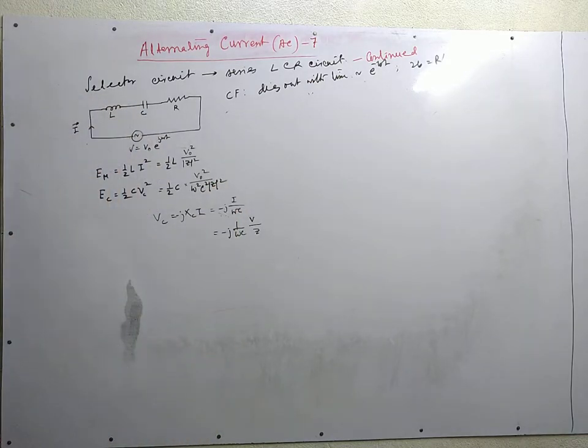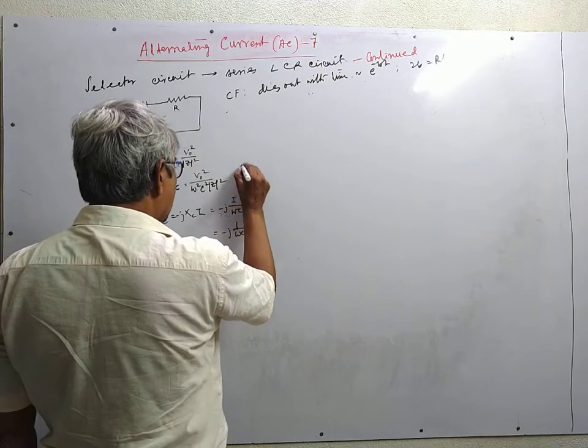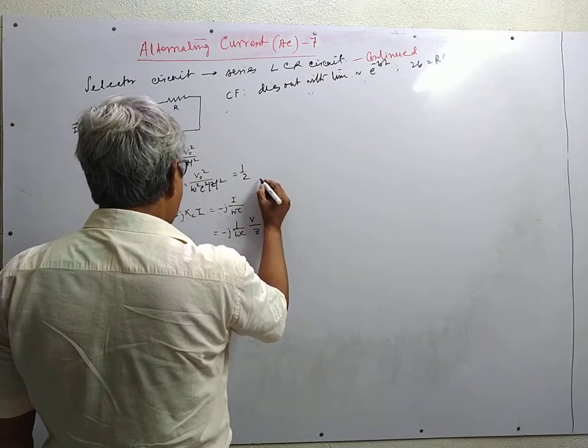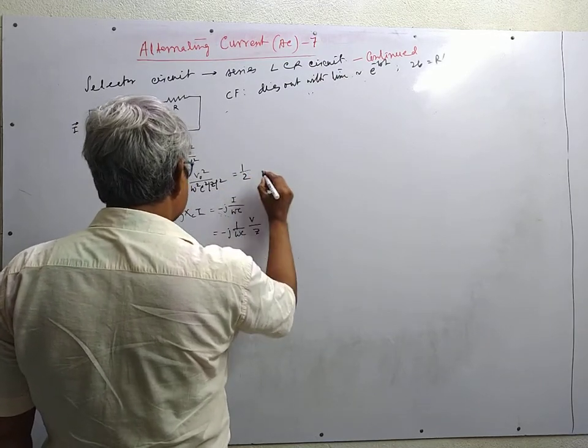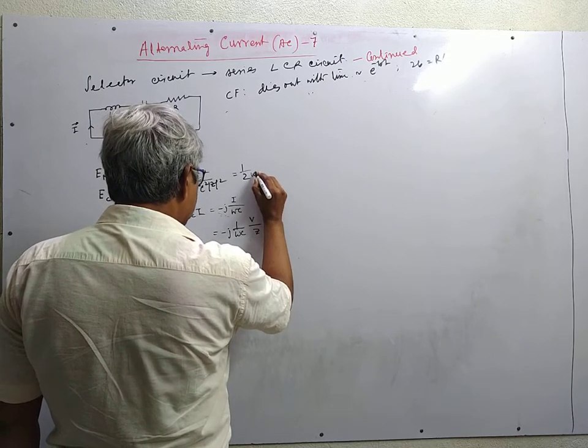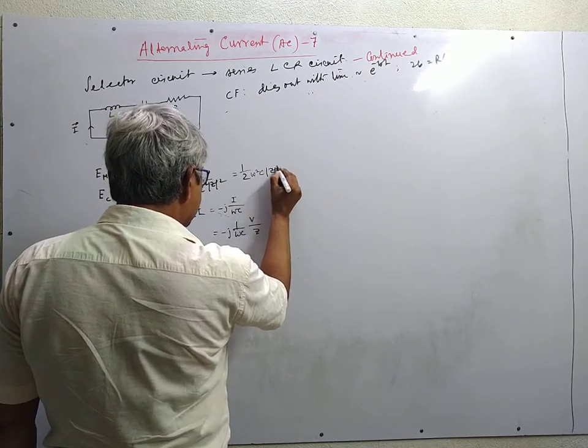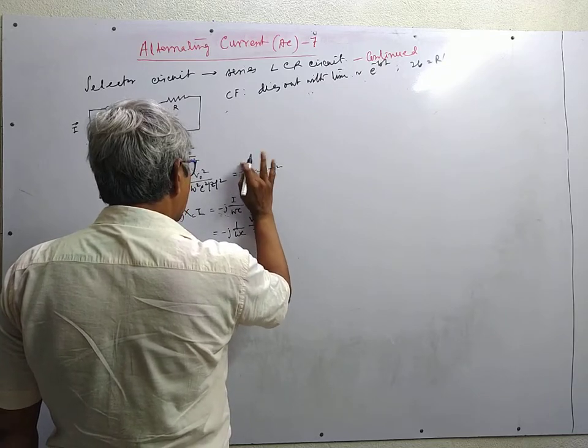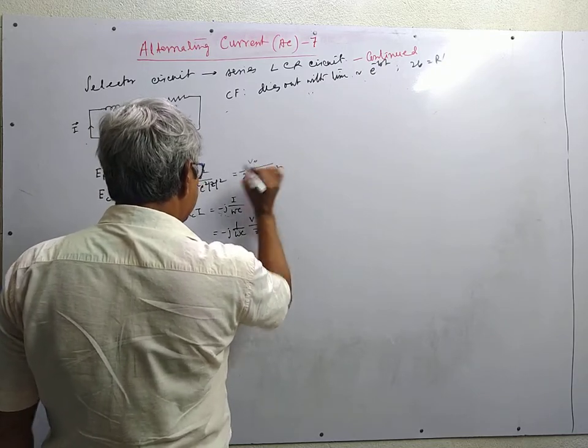This is the expression for Vc square. If we simplify this, this becomes half, with omega 0 square C mod Z square in the denominator and V0 square in the numerator.